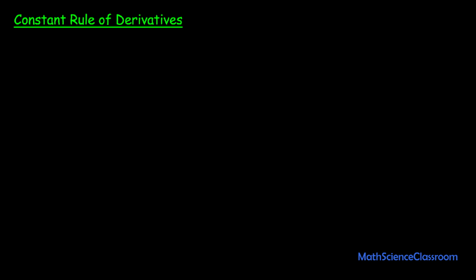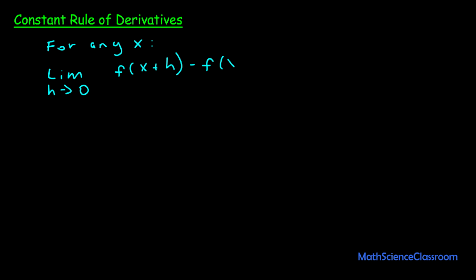So, formal definition is, for any x, the limit as h approaches 0 of f of x plus h minus f of x over x plus h minus x.